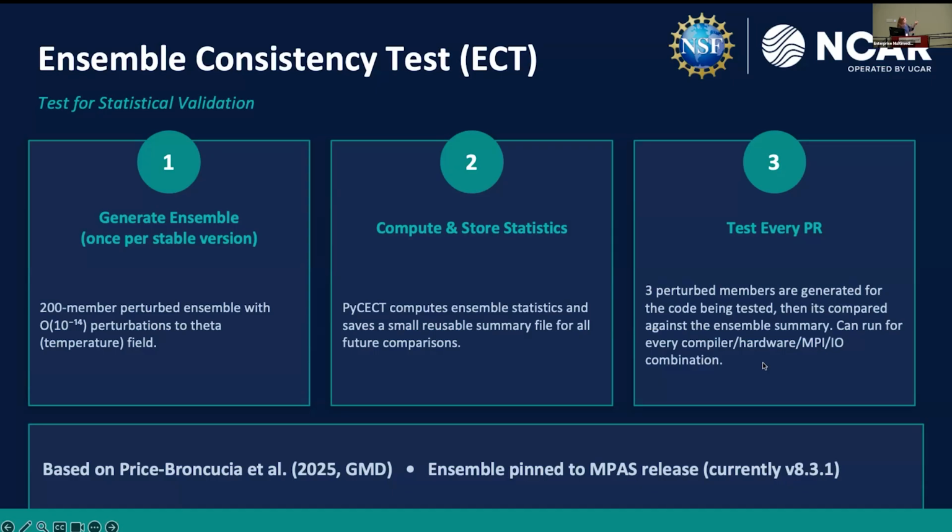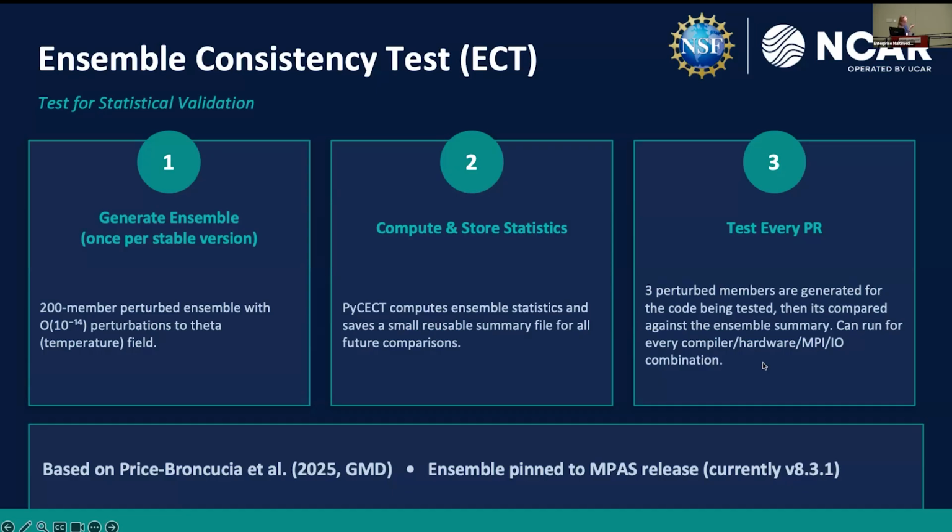Then for every new configuration of MPAS that you want to run, you run 3 more perturbed versions, and you compare it, and you see where it falls along that curve, and you see if it's consistent with, would it reasonably be in that same distribution? And if it is, you can say that it is consistent, even if it's not bit for bit.